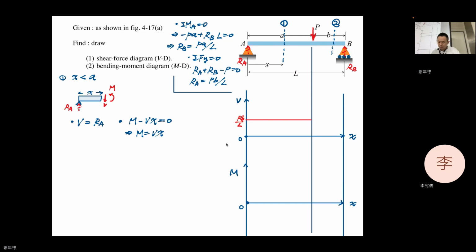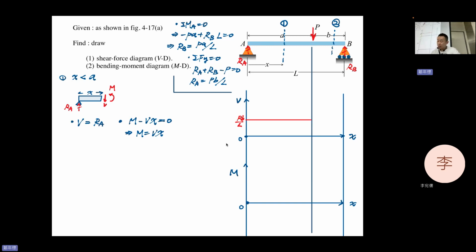Okay. And M, oh, did you see that? M is Vx. What is Vx? P b divided by L times x.